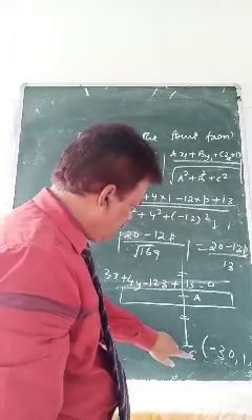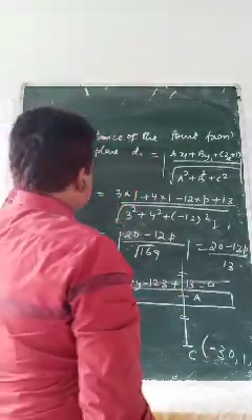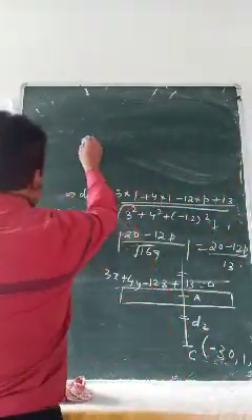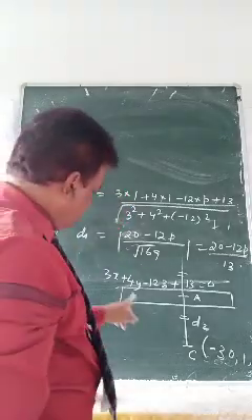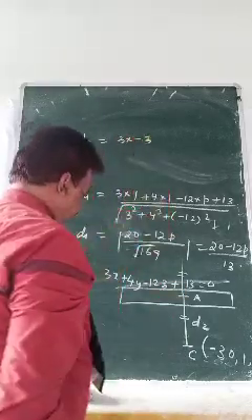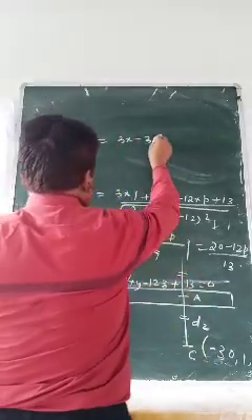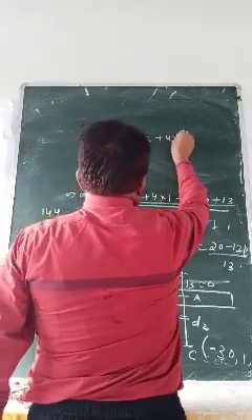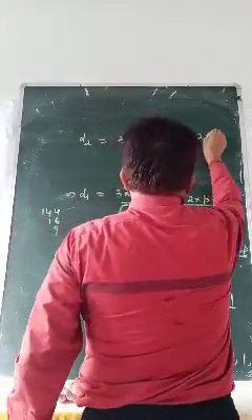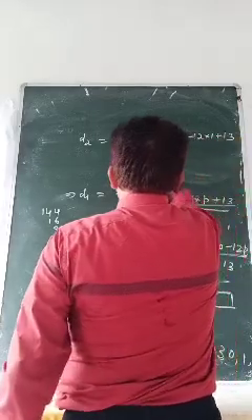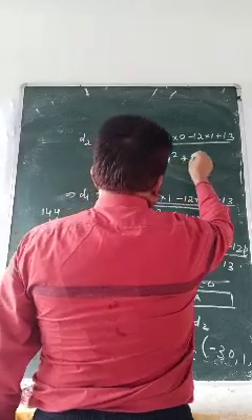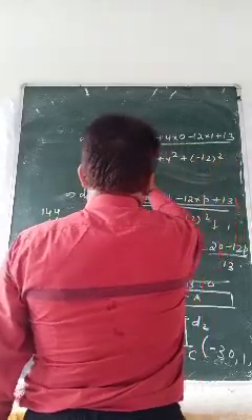Okay, now distance from here to here, now distance also d2. This is now d2. D2 equals the same thing, 3 into minus 3, 4 into 0, minus 12 into 1, plus 13 by 3 square plus 4 square plus minus 12 square root of 1.